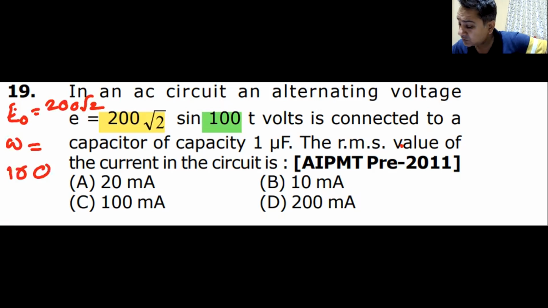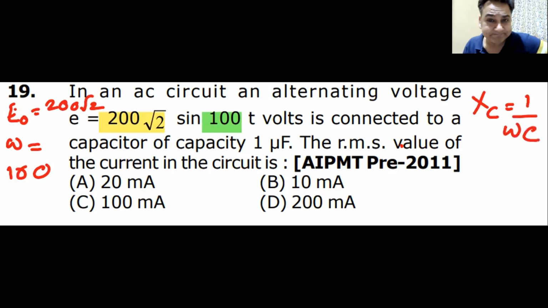I have to find out the value of RMS current. So first I will find XC. XC is 1 by omega C. All of us know this. I can calculate the value of XC.